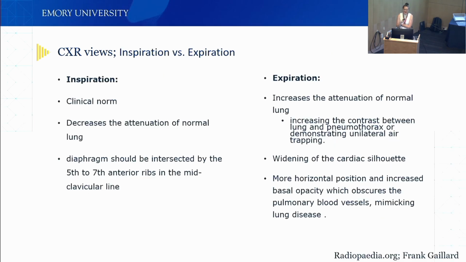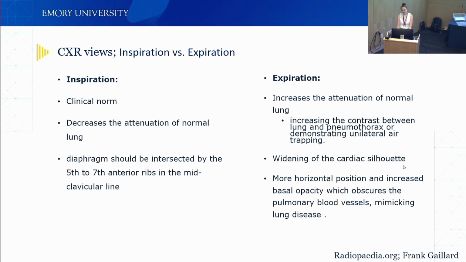Okay, so then the second thing we look at is inspiration, expiration. Inspiration, again, is our clinical norm. It decreases the attenuation of the normal lung. You can tell the inspiration by counting the ribs. There are just cases where expiration helps, especially because it increases the contrast, for example, between lung and pneumothoraxes. So for specific situations, sometimes we do an expiration.